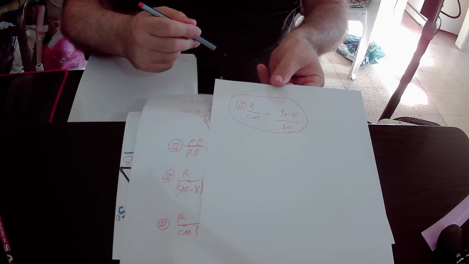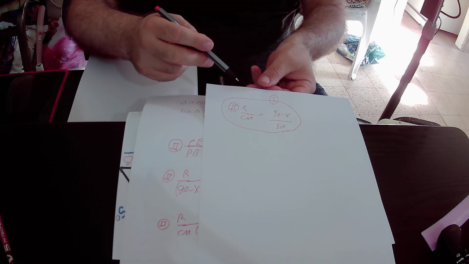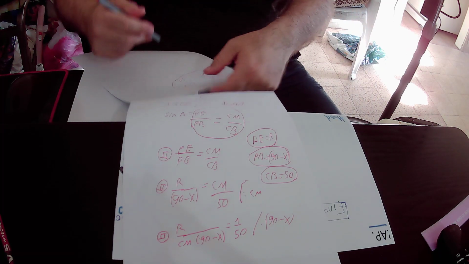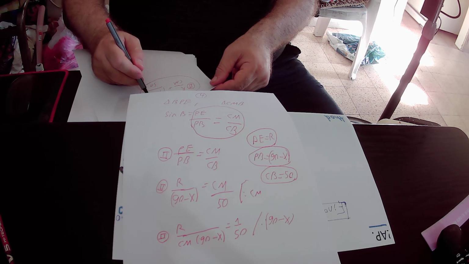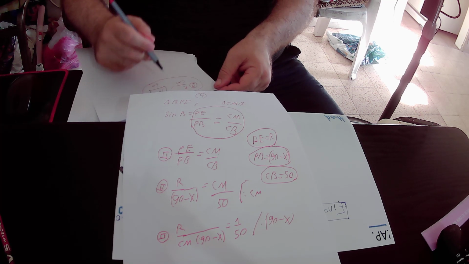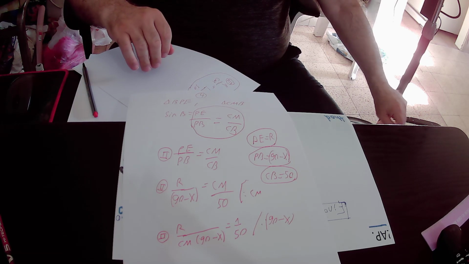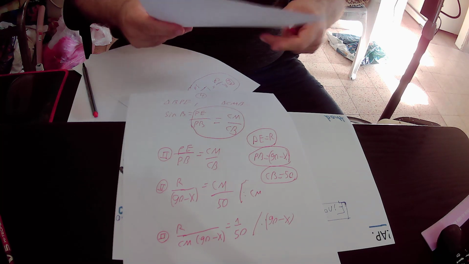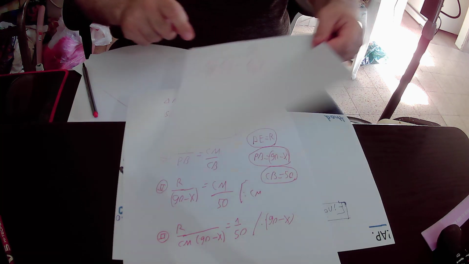Okay, so we have here the expression of R over CM from the second equation, and from the first equation we already know that R over CM equals x over 70.